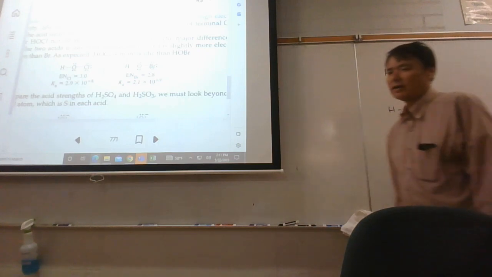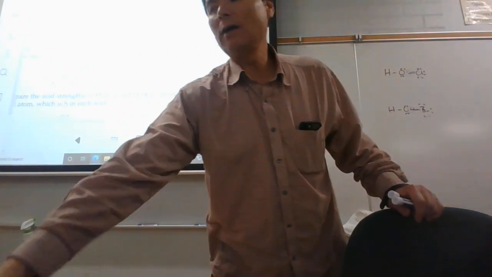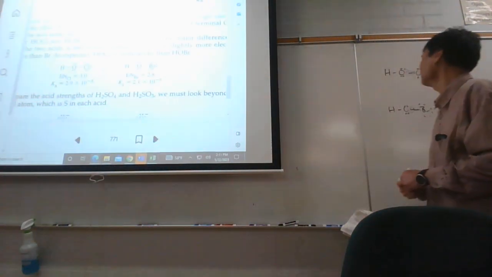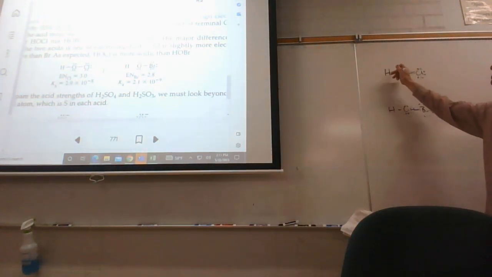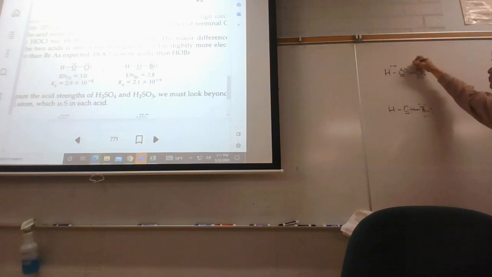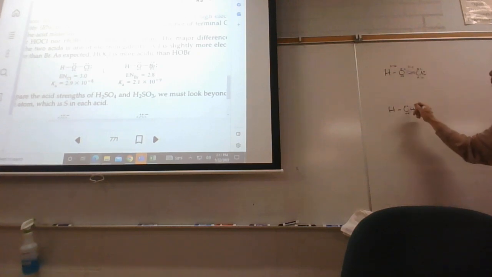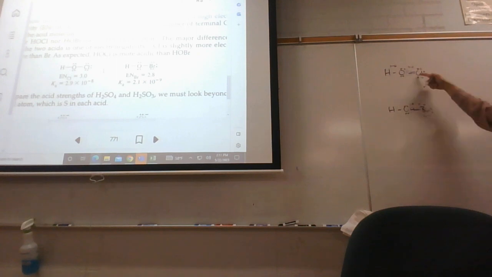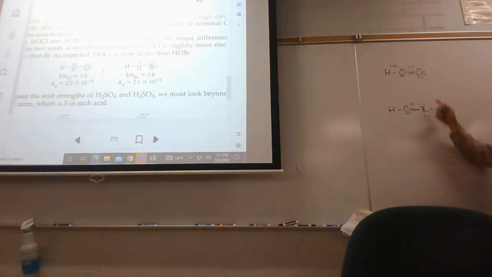So the inductive effect is, you expect hydrogen versus oxygen, oxygen should win. Oxygen versus chlorine, oxygen should win, but chlorine's going to put up a stronger fight than bromine. Bromine puts up a weaker fight. Even though these arrows are drawn the wrong way here, what it's indicating is that chlorine is going to have a more powerful effect on oxygen than bromine.